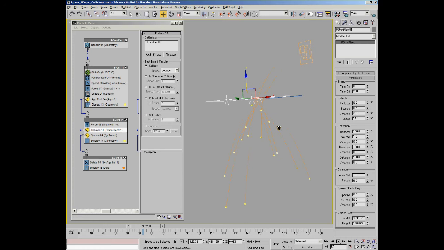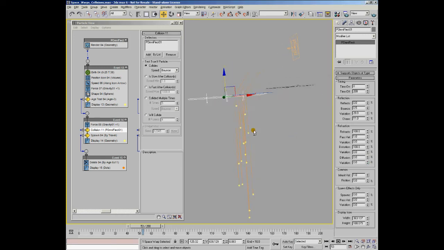Now you can achieve similar effects to this just by using different speed operators in events when particles have collided. So that's another way of achieving this kind of effect. But if you want the effect to be in the actual collision space warp, then you can do it this way. The variation parameter for both the distortion and the diffusion is a multiplier.